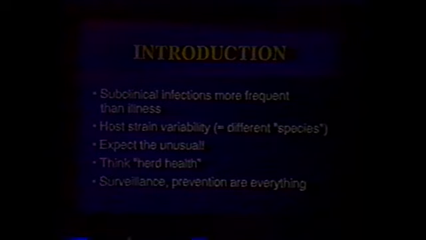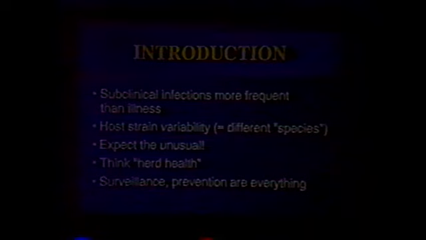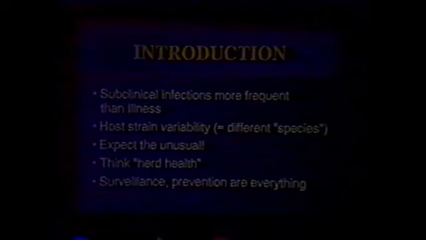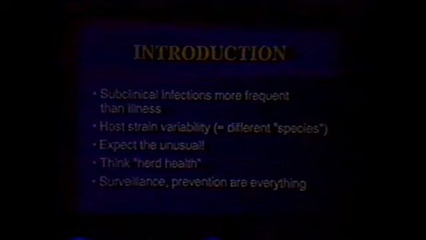Also, another principle is that there is tremendous strain variability in susceptibility and response to disease agents. Often the manifestations of lesions and incidences of different diseases and lesions are related to genetics and breeding. And for many different strains, each has a very homogeneous response to stress or to disease agents.